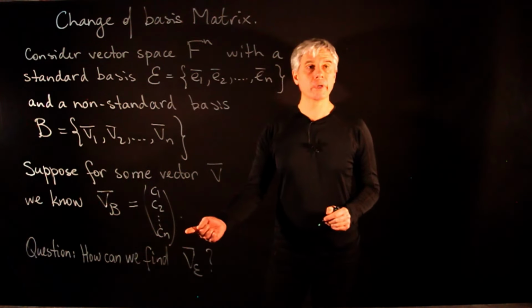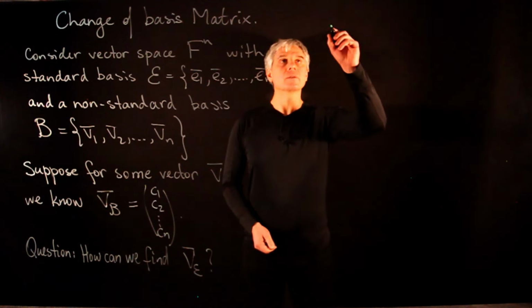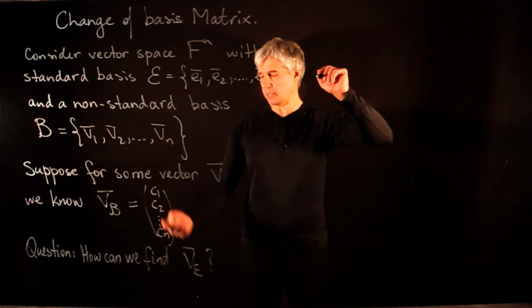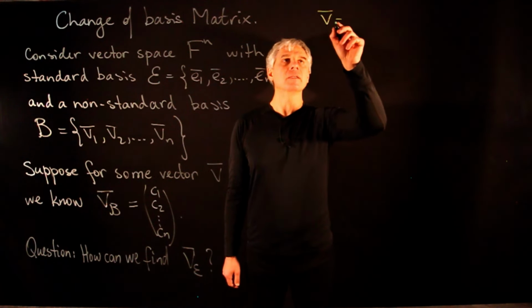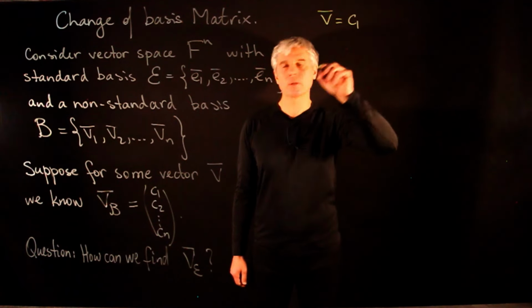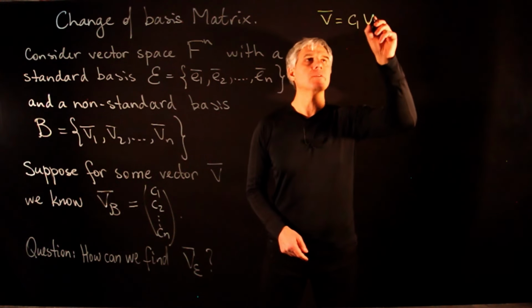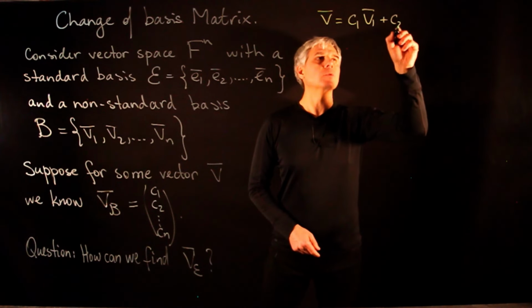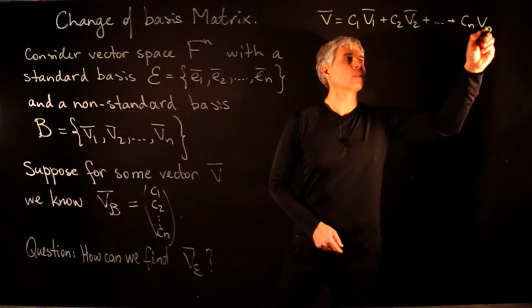To do this, we recall the meaning of the coordinate vector. If v_B has this coordinate vector, this means that the vector v itself is a linear combination of basis vectors with these coefficients. So it's c1 v1 + c2 v2 + ... + cn vn.